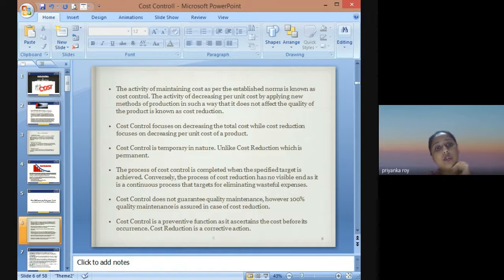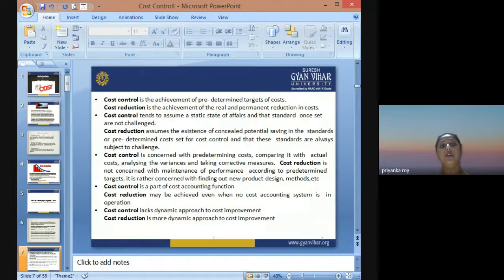Cost control does not guarantee quality maintenance. However, 100% quality maintenance is assured in the case of cost reduction. Cost control is a preventive function, as it ascertains the cost before it occurs, and cost reduction is a corrective action. Cost control is the achievement of a predetermined target of cost, and cost reduction is the achievement of real and permanent reduction in cost.